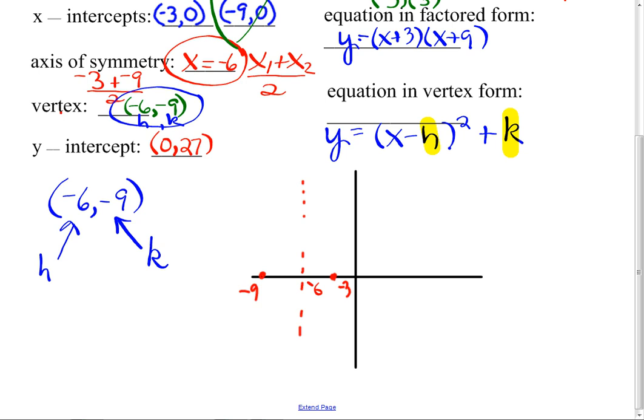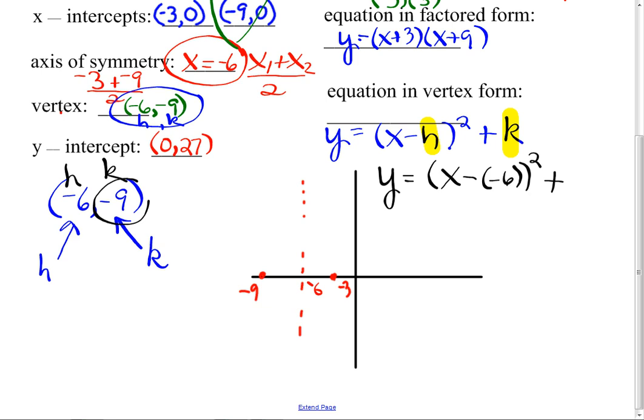Okay, Julian, help me out with this. y equals x minus, what am I putting in for h? Negative 6. I don't even care if you simplify that. It's not important to me. What's important to me is that you can put the right number in the right place. Squared plus the k value. What's k? This is h.